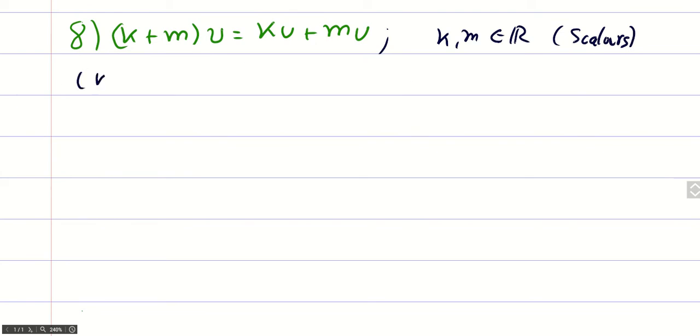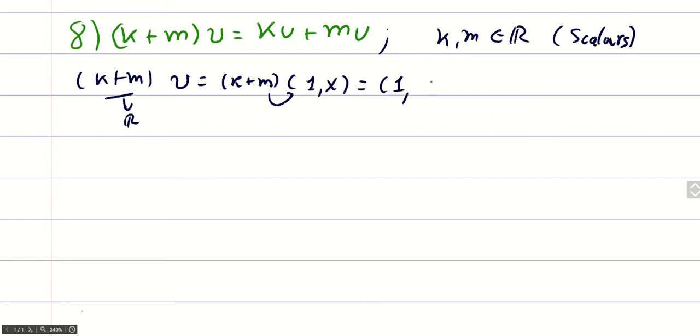So (k + m) times the vector u. In this case, k plus m acts as one scalar. So we got (k + m) times the vector (1, x), and when we multiply this scalar by this vector, we obtain (1, (k + m)x) in the second coordinate. And here happens something similar to the previous example.